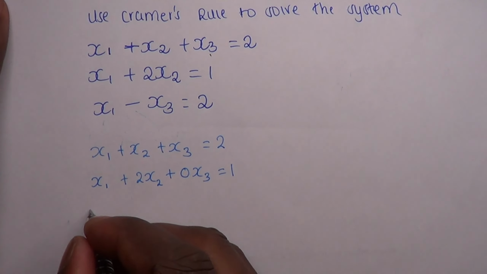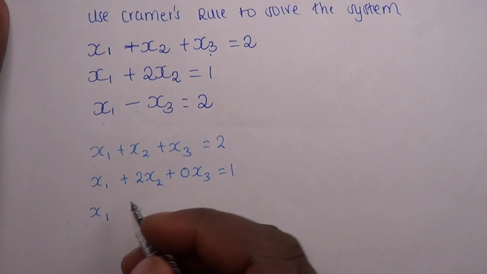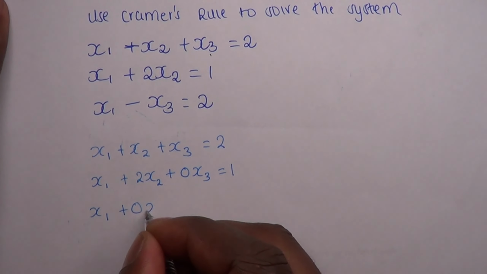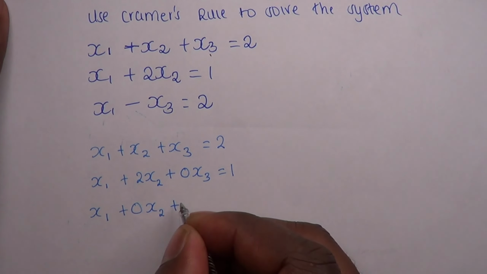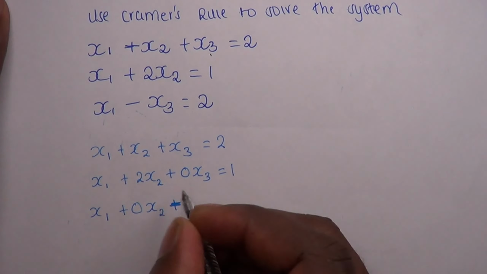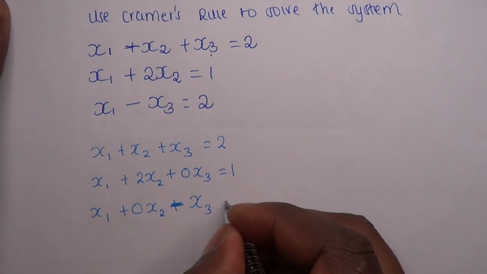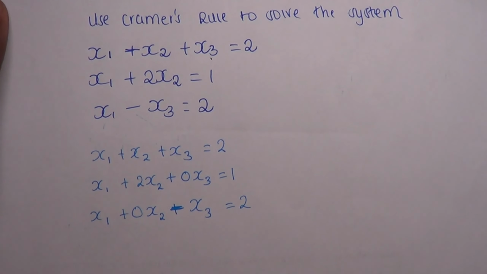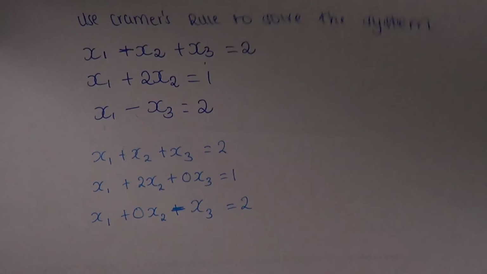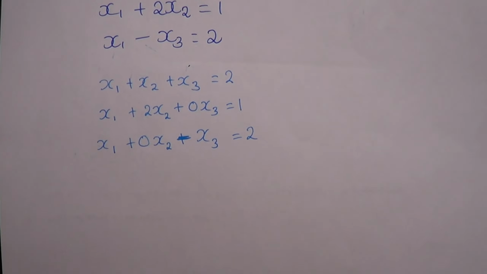The third one is x1 plus 0 x2 minus x3, because here it is minus x3, equals 2.